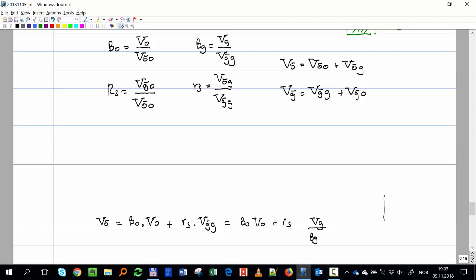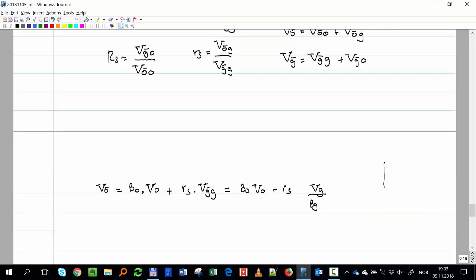Now you see I have expressed the volume of oil at standard conditions in terms of the local volume of oil and the local volume of gas, exactly what we have done before.